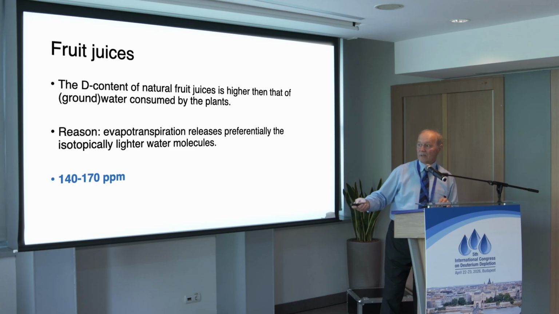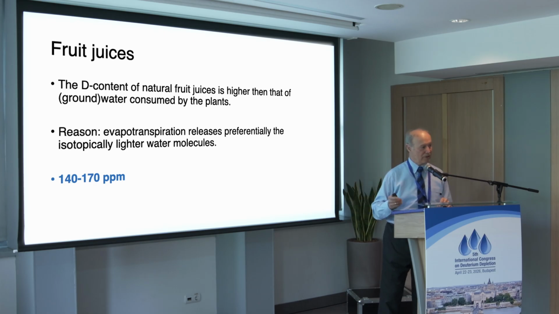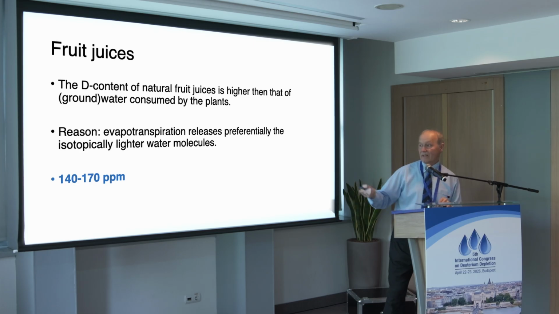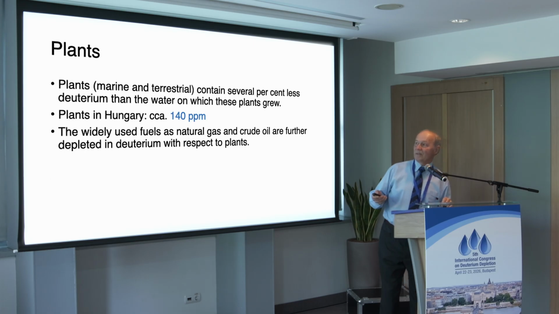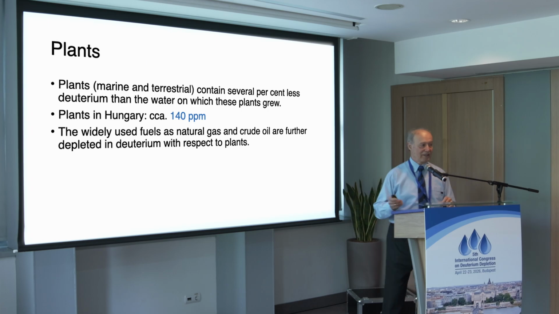So the deuterium content of fruit juices is between 140 and 170 ppm, even higher than that of the oceans. Very delicious, but it contains a higher amount of deuterium.